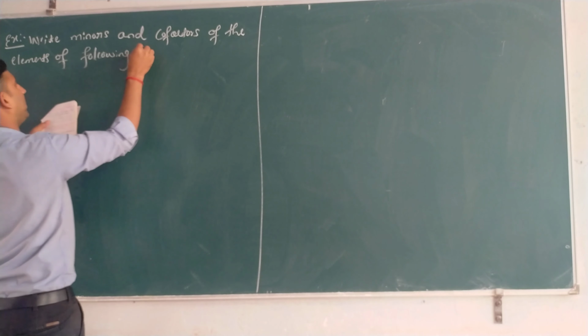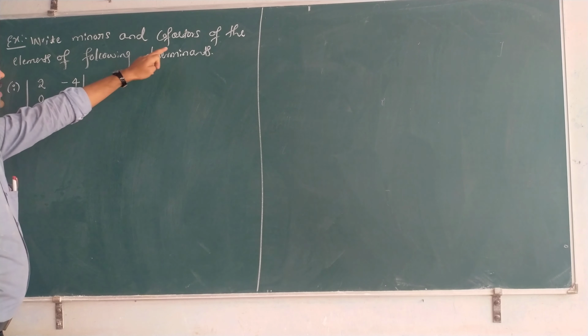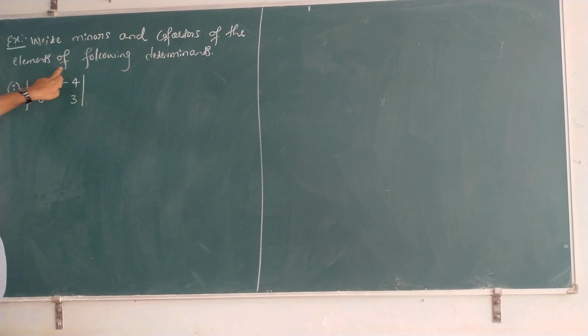Under that, the first one is the determinant with rows 2, 0 and minus 4, 3. Our job is to find the minors and then the cofactors.